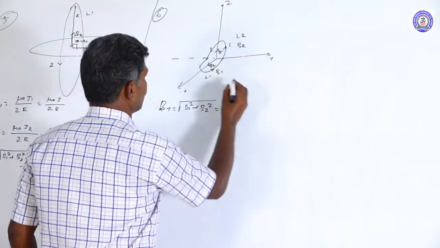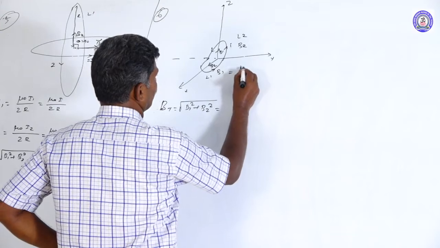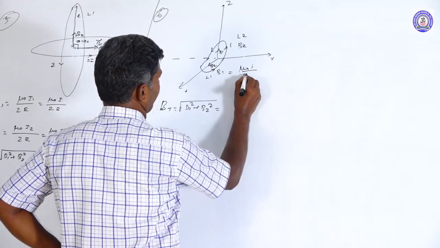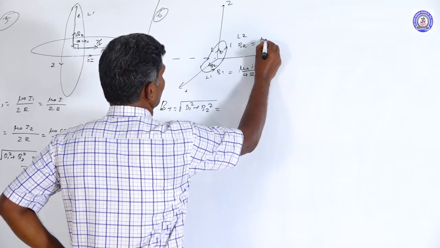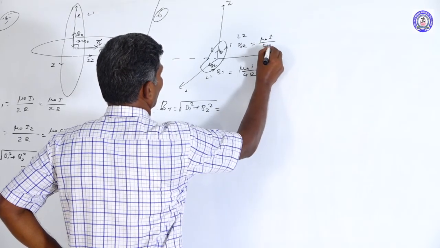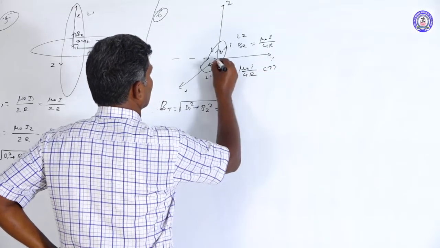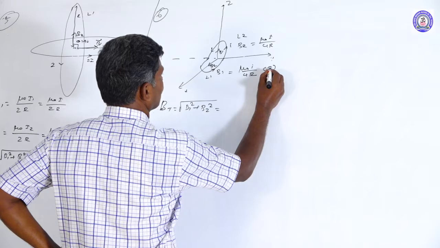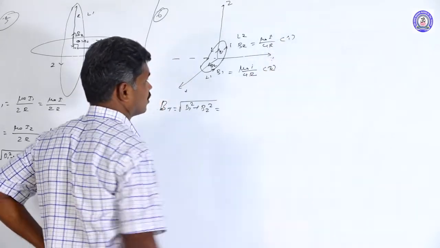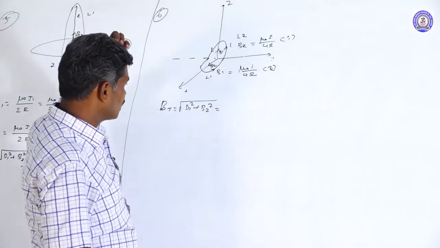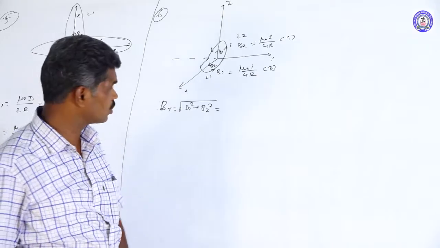is equal to the square root of B1 squared plus B2 squared. For each one, the value of B1 for a semicircular loop is mu naught I by 4r. B2 is also mu naught I by 4r. But B1 is in the k cap direction and B2 in the i cap direction. That's why the two are at right angles to each other. So the resultant magnetic field is the square root of B1 square plus B2 square.